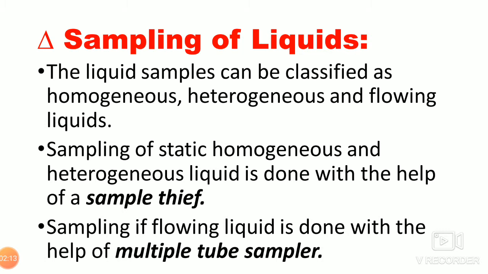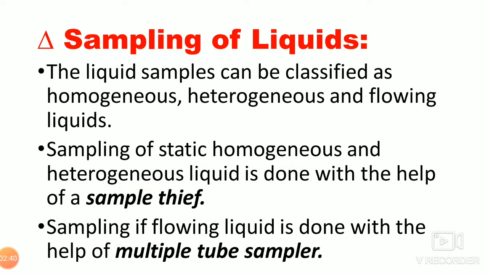And sampling of flowing liquid is done with the help of a multiple tube sampler. This is another apparatus, which is useful only for flowing liquids. And the sample tube is useful for two types of liquid, homogeneous and heterogeneous.